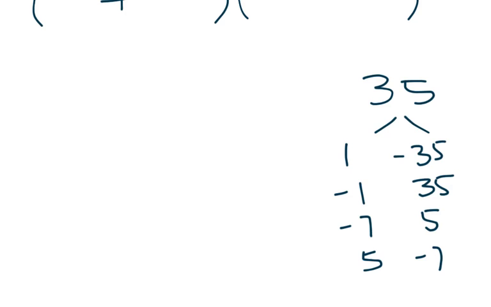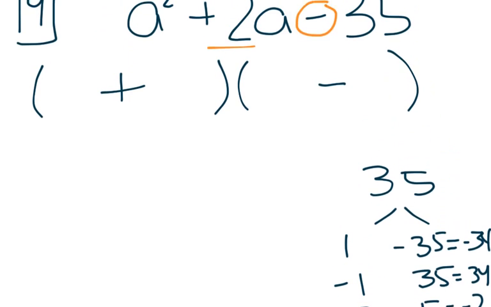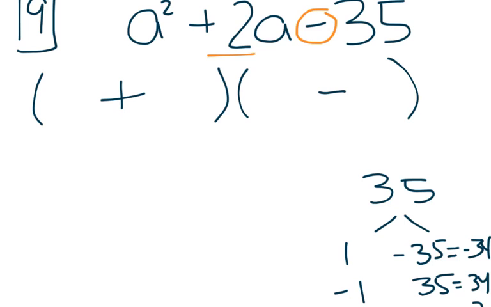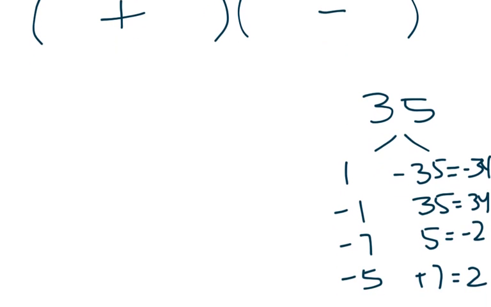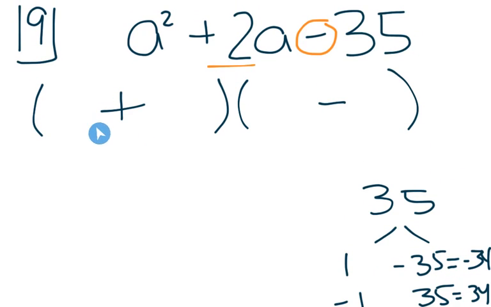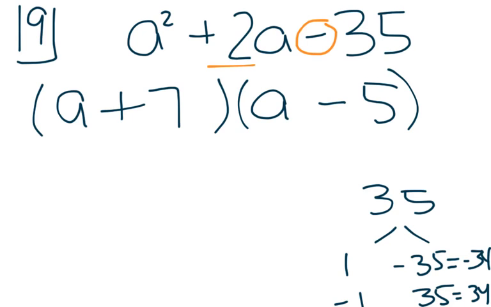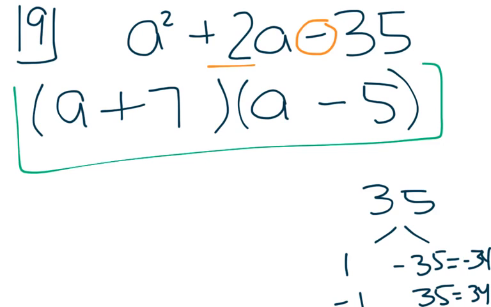So, no, negative 5 and positive 7. So when we add these, this equals negative 34, this equals positive 34, this equals negative 2, and this equals positive 2. So we're looking for the one that equals positive 2. So that means we have negative 5 and positive 7. So over here where we have the positive, we're going to put a plus 7, and then a minus 5. And this is our final answer for number 19.